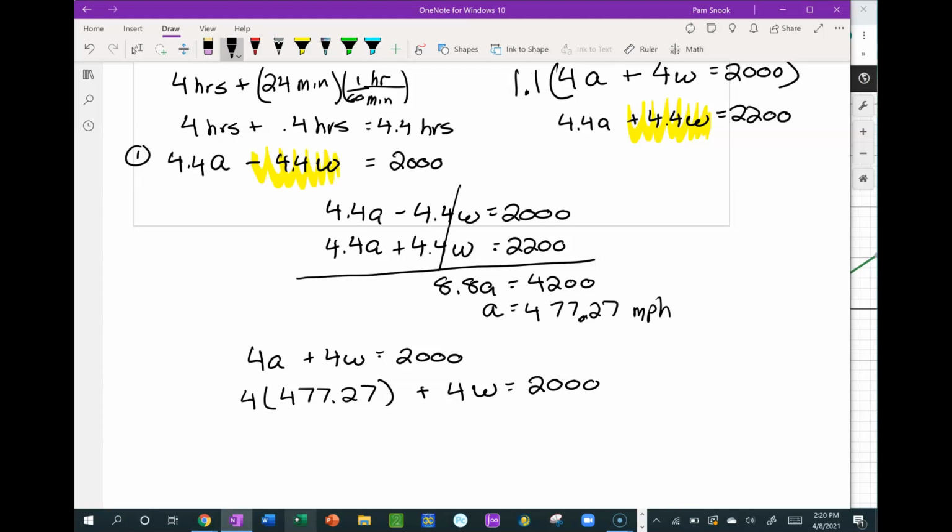Okay, I'm going to multiply my 477.27 by 4. And I get 1909.09, and that's repeating, plus 4W equals 2,000.